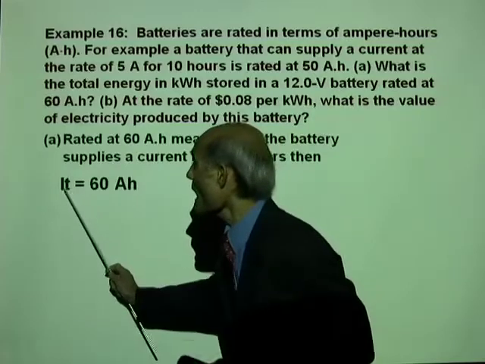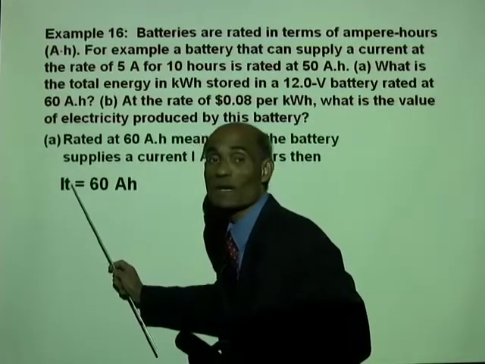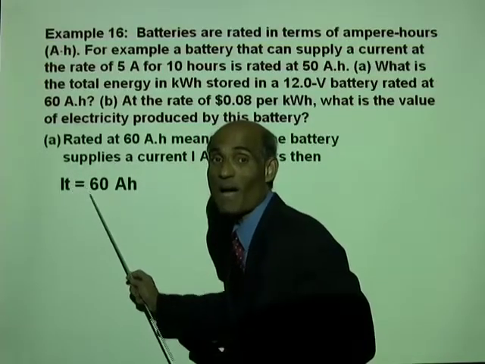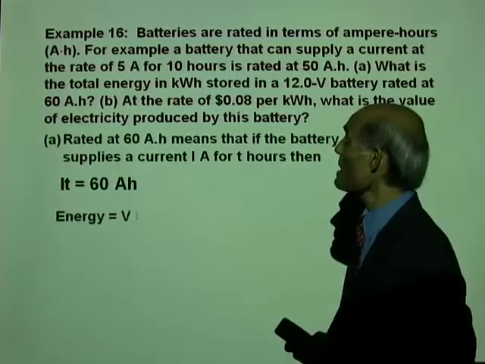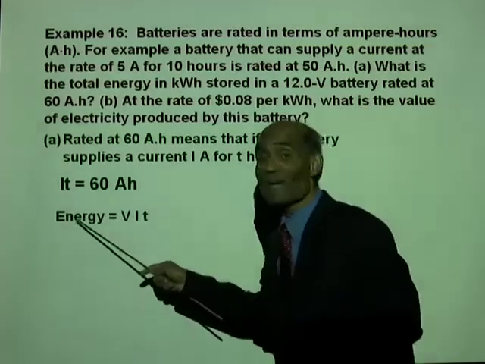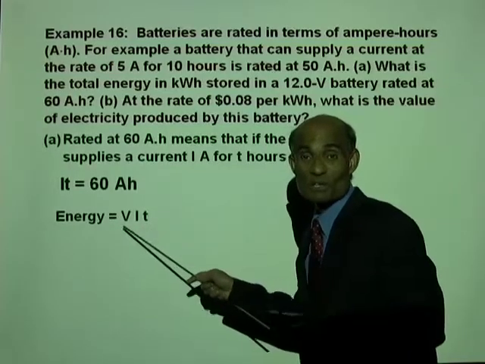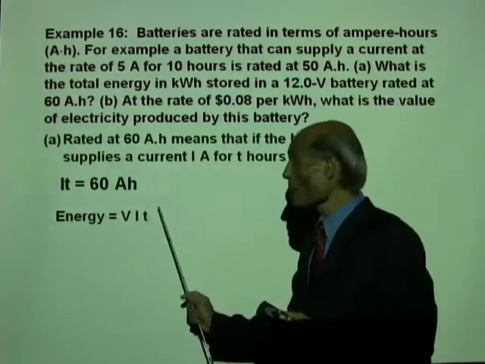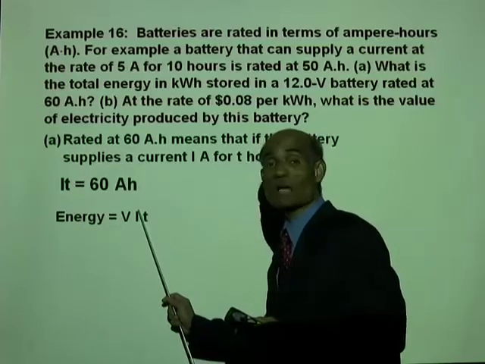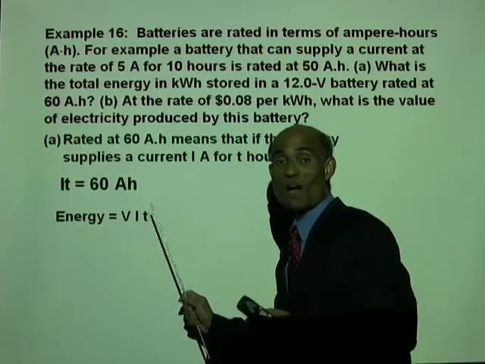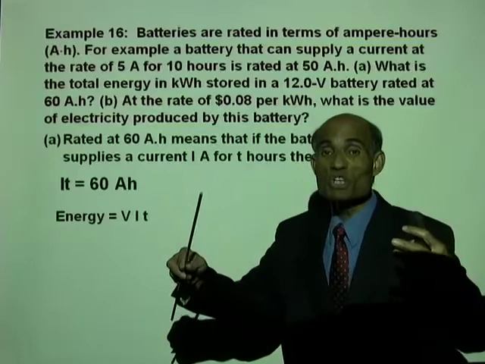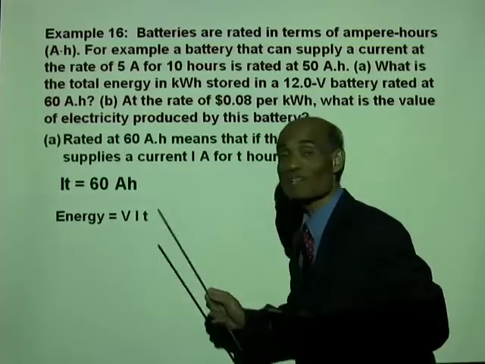Okay, so I current in ampere multiplied by the time in hours is 60 ampere hour. And energy equal to VIT, we have been using this equation. Power is V times I multiplied by the time will be the total energy delivered during that time T.